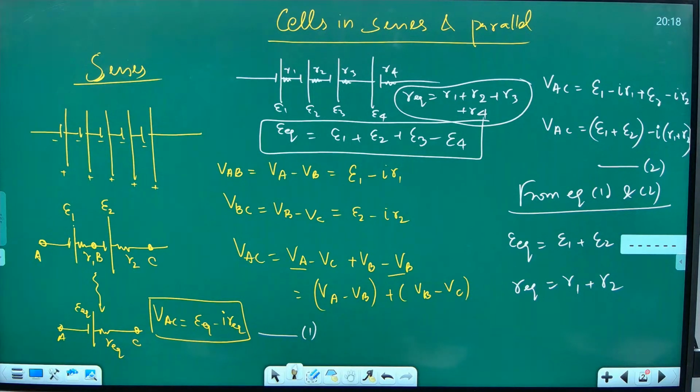Able to see the board? You can move a little more. Make it fast. Ravan sir, you can unmute me. Make it fast, guys.